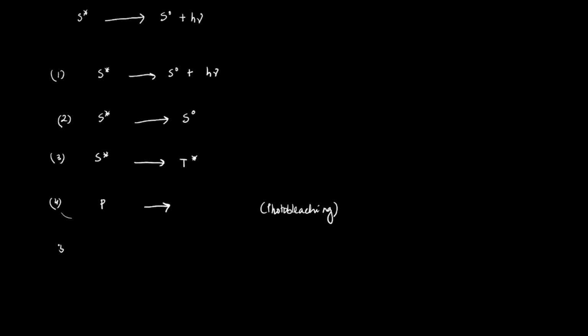So if we have a particle in the excited state and we add the quencher, the particle will come to the ground state and the quencher will get excited. That way we have decreased the lifetime of the excited state by adding the quencher. It decreases the quantum yield as well, but that's a different story. This is known as the quenching process.